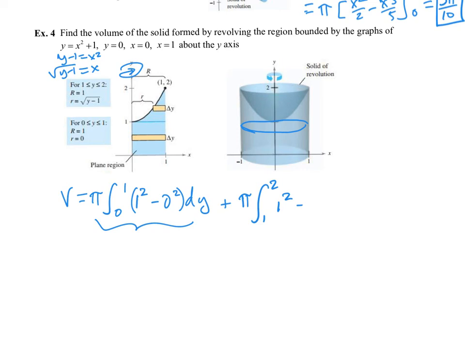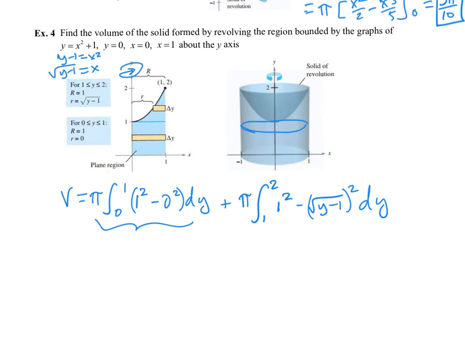So that's the function that we'll use to get our inner radius. So we'll take that little r, which is the square root of y minus 1, and we'll square that. So the square root of y minus 1, the whole thing squared, and then don't forget your dy.